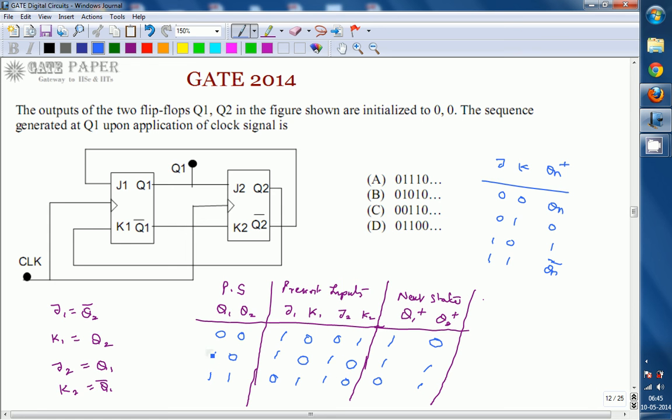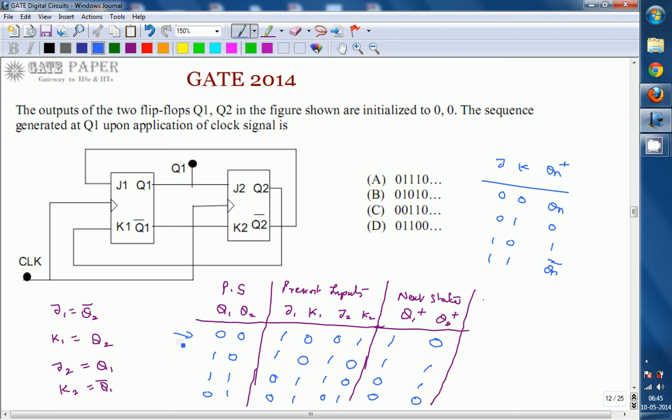So the next state is 0, 1. And afterwards, because of 0, 1, J1 K1 will be 0, 1, and J2 K2 is again 0, 1, so that your next state will be 0, 0. 0, 0 is nothing but you are coming back to the start.